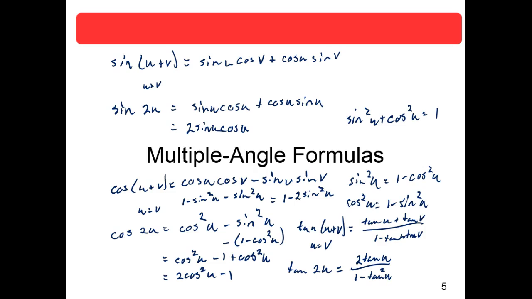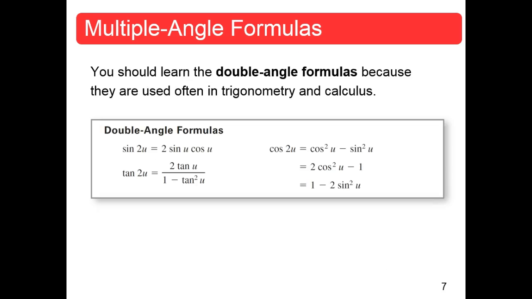So we had these just based on the others, right? And they're pretty easy to see. So here they are, written out for you, but we already knew them. Sine of 2u is twice the product of sine u and cosine u. Cosine 2u, on the other hand, has 3 different representations: the difference of squares, cosine squared u minus sine squared u; 2 cosine squared u minus 1; or 1 minus 2 sine squared u.